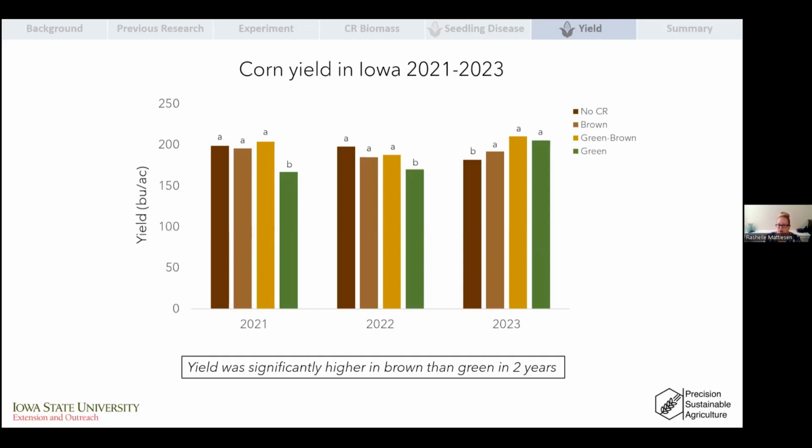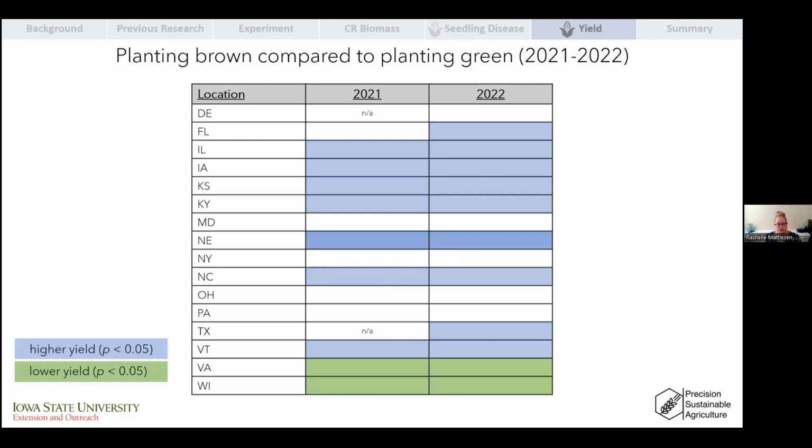However, the no cover crop treatment did have the lowest yield, which is a little bit surprising, but it was an interesting year. For all of the locations, yield was significantly higher in the planting brown compared to the planting green at 7 of the locations across both years. Again, this is the first 2 years of the project, and the third year will be analyzed soon.